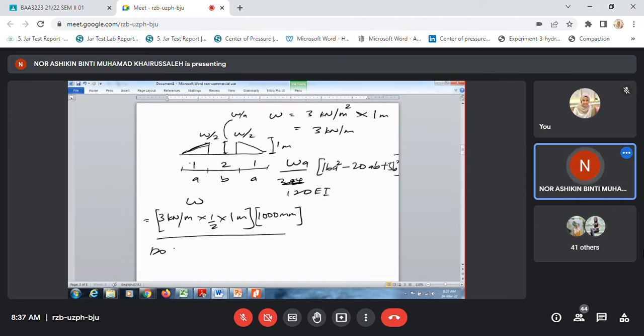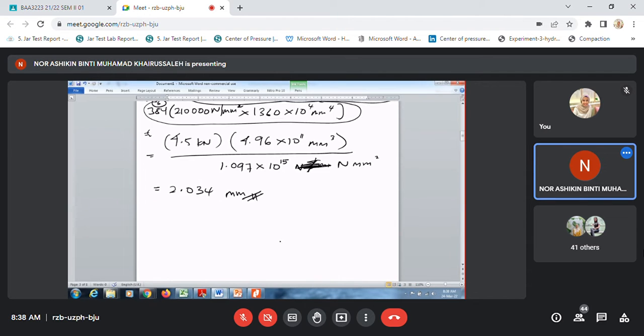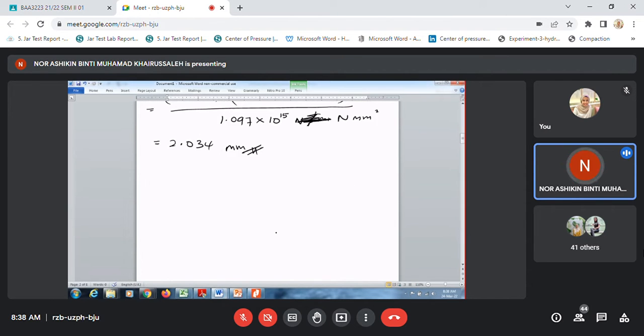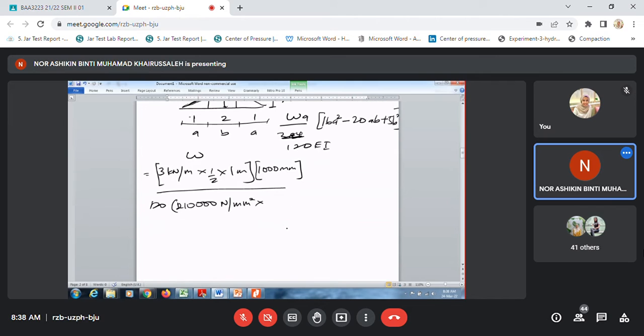120 E, 210,000 Newton per millimeter square, times the I. What is the I just now? 1360 times 10 to the power of 4 millimeter power 4.